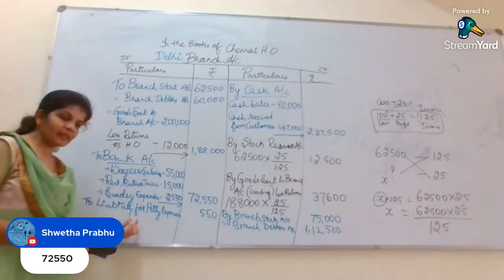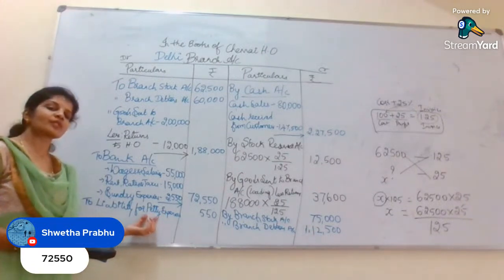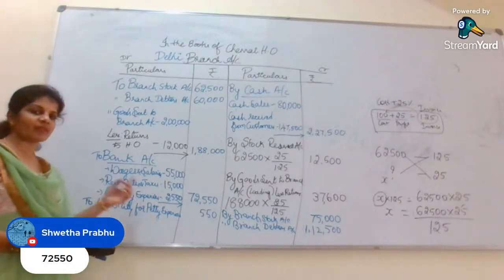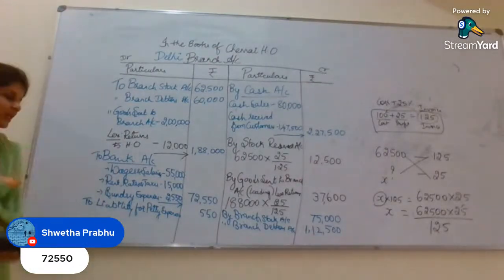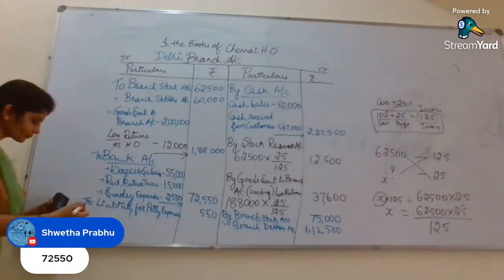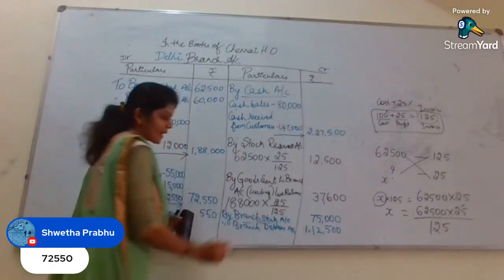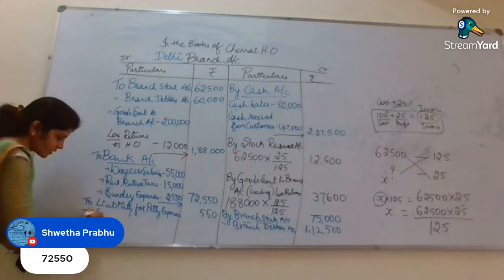So this liability, the petty expenses which is outstanding and not yet paid, we have recorded like this, means debited. Understood? So now let us adjust this loading which is included in the branch stock. What entry do we have to pass for that? To stock reserve.